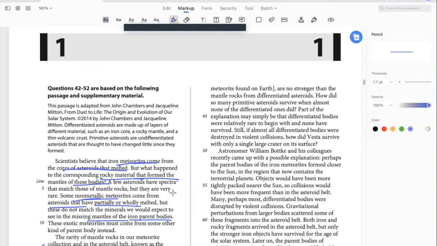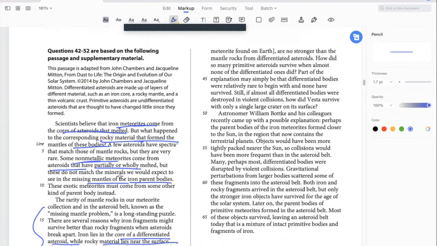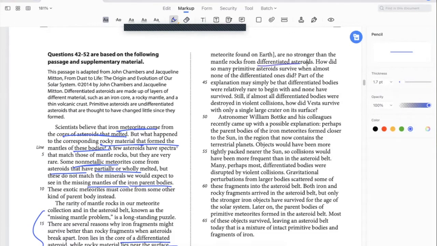So here the question is about the difference between primitive asteroids and differentiated asteroids, right? Remember that the differentiated asteroids are made up of layers of different materials such as iron ore, a rocky mantle, and a thin volcanic crust, right? So there is no difference per se between primitive asteroids and differentiated asteroids.